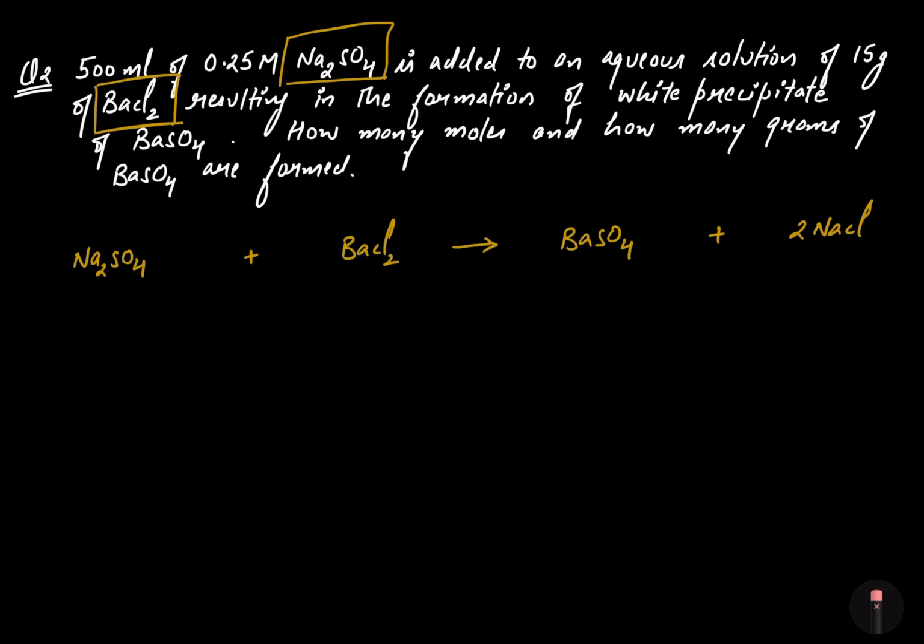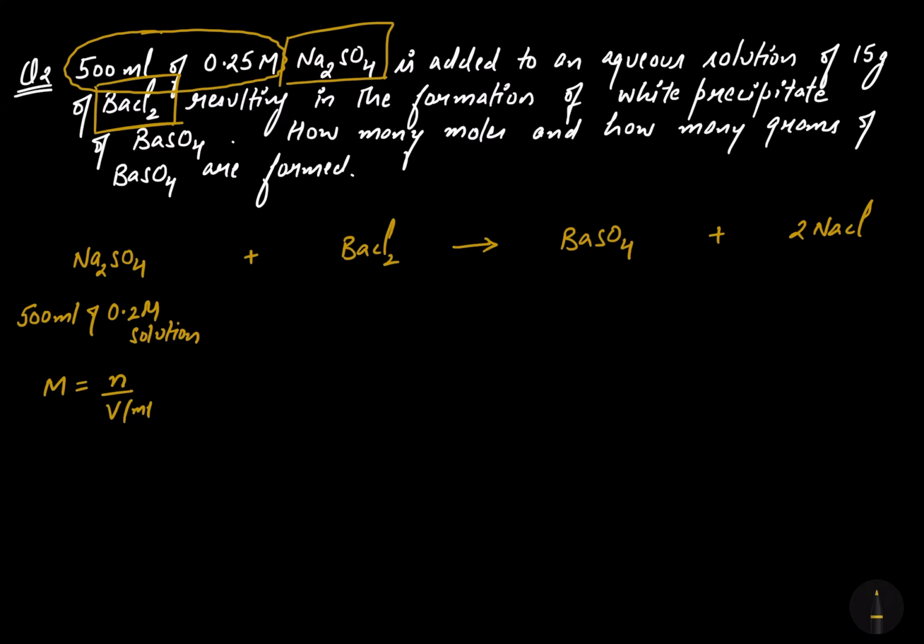Now he is saying we are having 500 ml of 0.25 molar solution. First of all, I have to calculate the number of moles in this solution. So we all know that the formula for molarity is number of moles of solute divided by volume of solution.